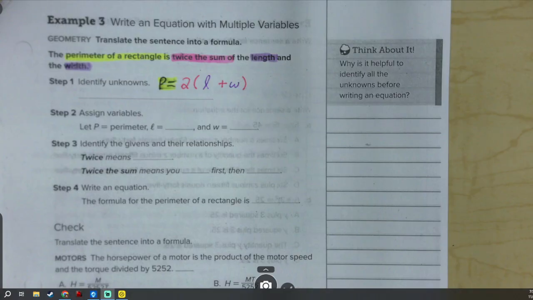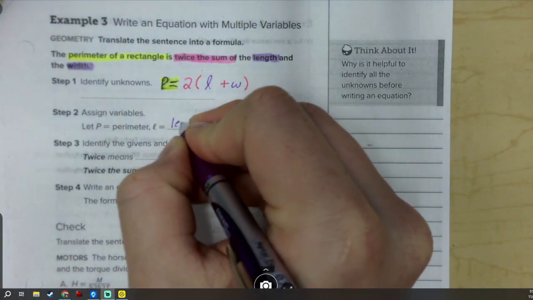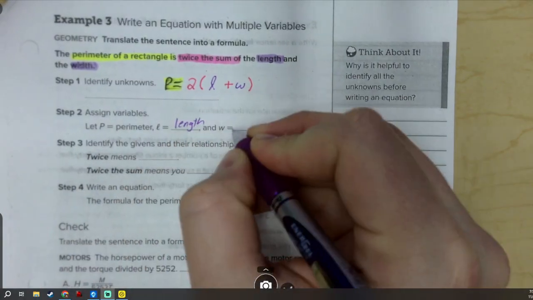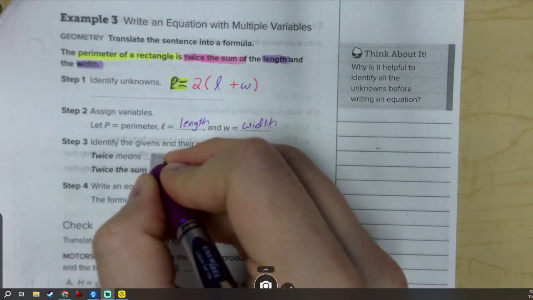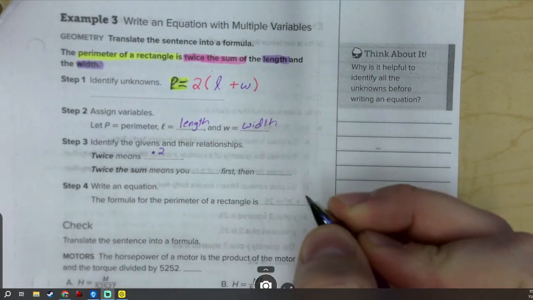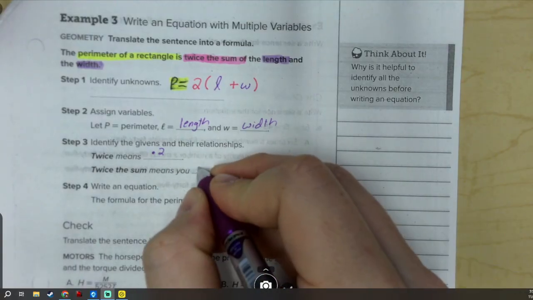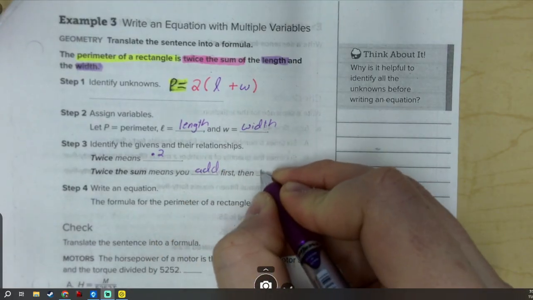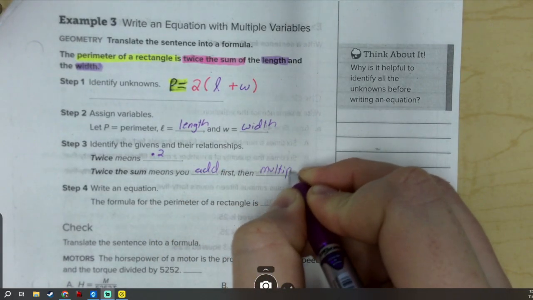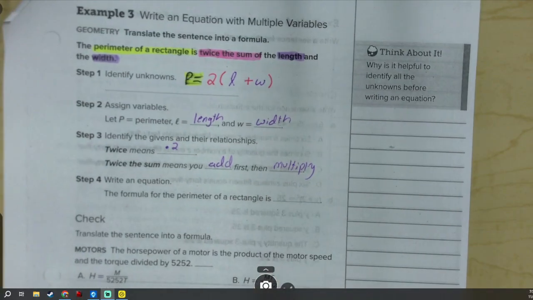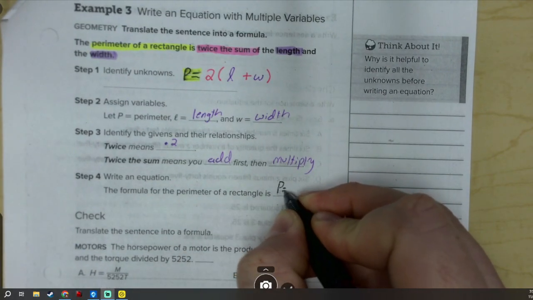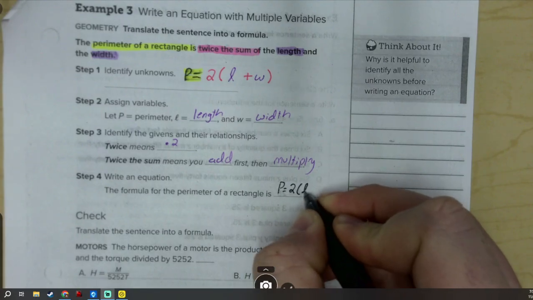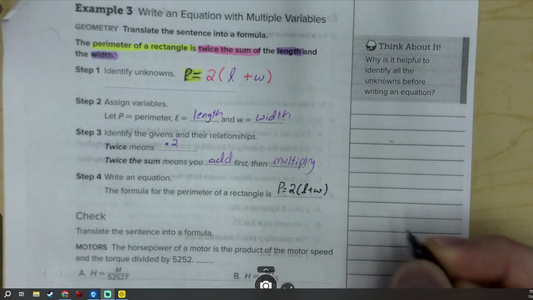P is perimeter, L is length, and W is width. Twice means times 2. Twice the sum means you add, then multiply. The formula that represents this equation is P equals 2 (length plus width).